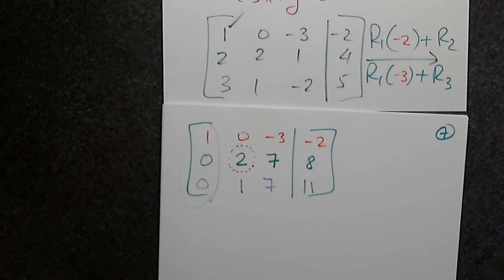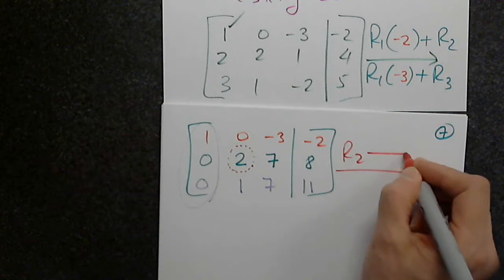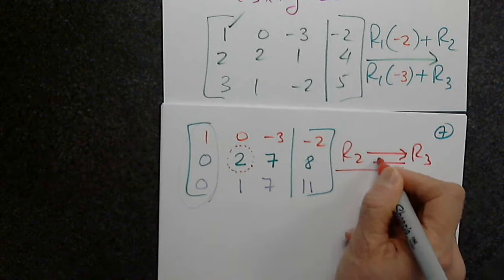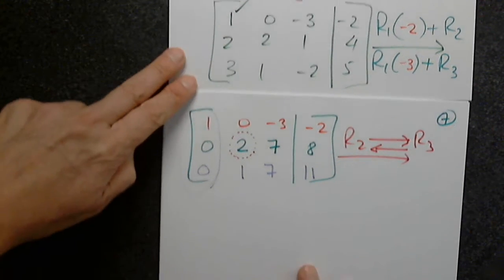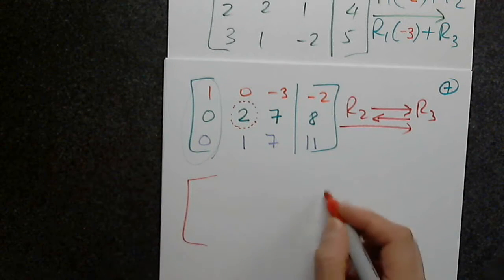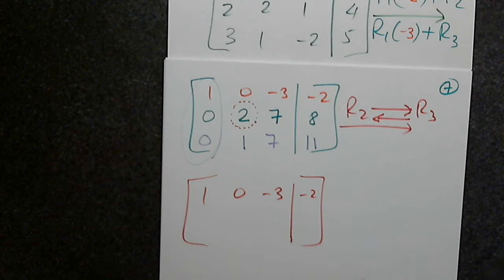So that one is carved in stone, but these two are 0, it's okay. So I'm going to say row 2 becomes row 3, and row 3 becomes row 2. I write on the side every step we make. So can anyone tell us the new second row?